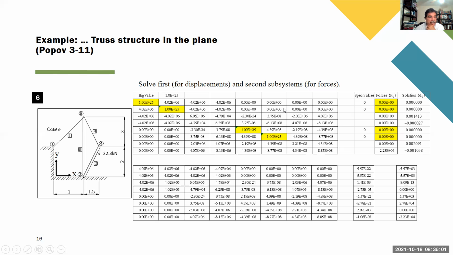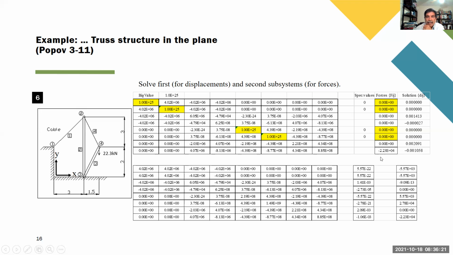Now, what's the next step? The next step, remember, is to get the reactions. Right now, these values we know, d1, d3, and we have calculated d2 and d4.